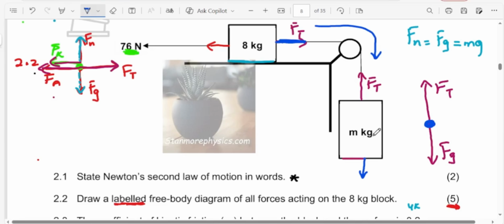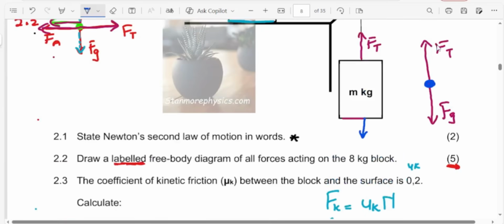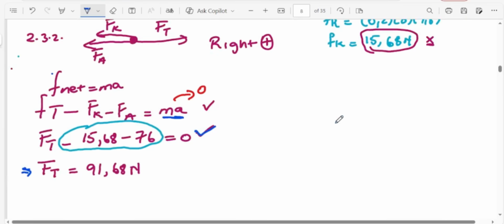So now if we take down as positive, from this free body diagram, I have the Ft going up and the Fg going down. So I have to take all the forces that are going down minus all the forces that are going up. Simple. So from this, we know that Fg, which is the force going down, minus Ft, which is the force going up, equals 0.